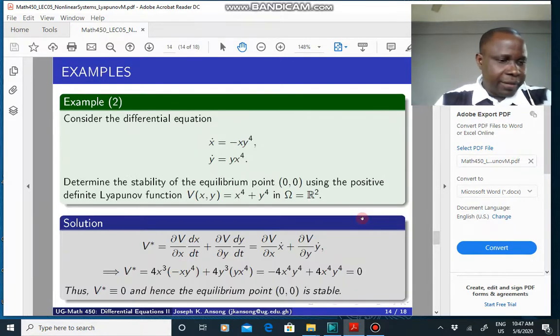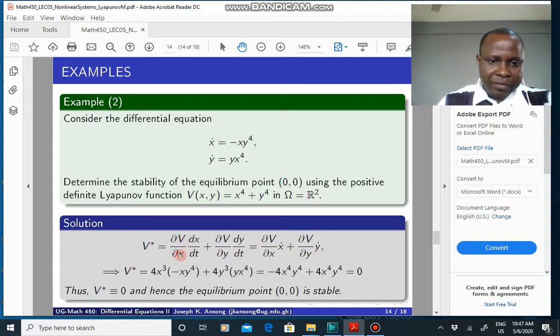Now, the second example is given by this other nonlinear system. We want to determine the stability of the equilibrium point (0, 0) using the Lyapunov function, which is given by this. So how do you go? Again, the procedure is to find the total derivative v star, which is equal to partial v partial x times dx/dt plus partial v partial y times dy/dt. But dx/dt is x dot, and dy/dt is y dot.